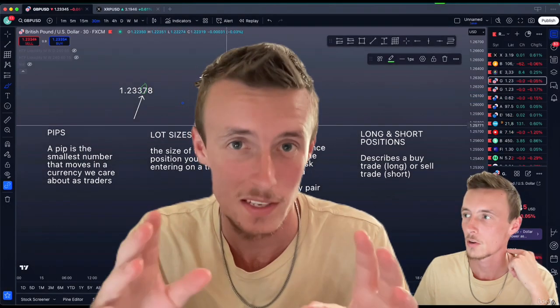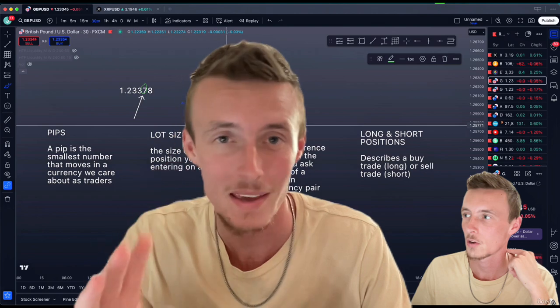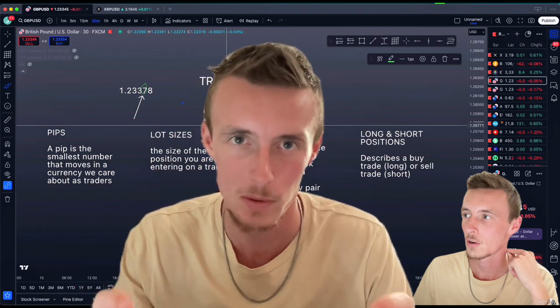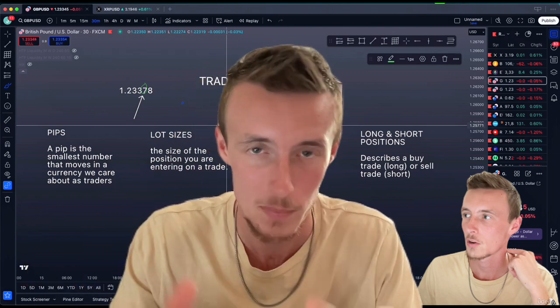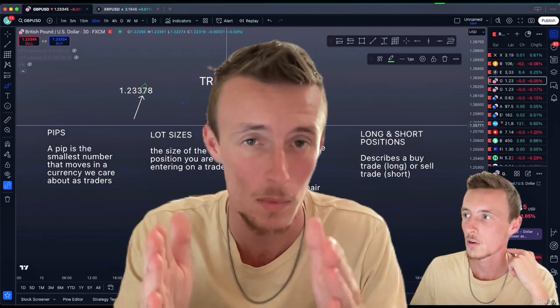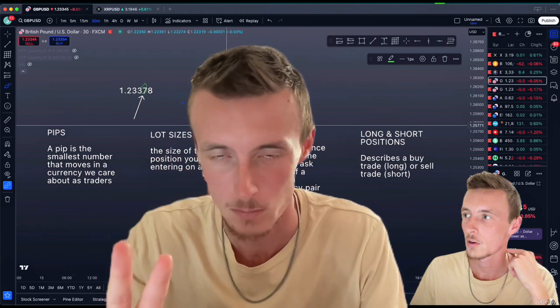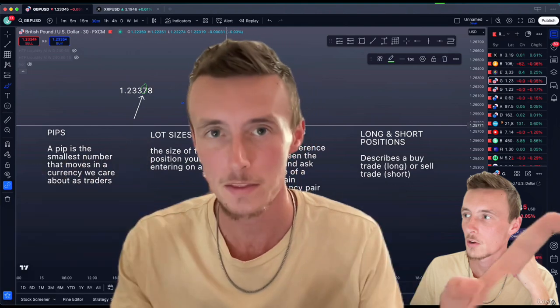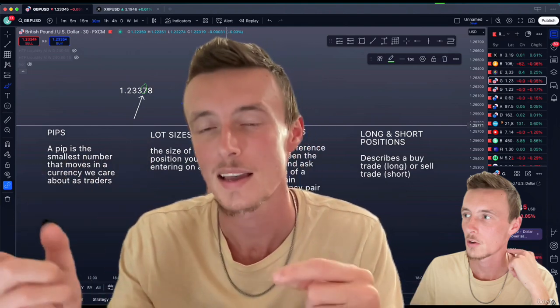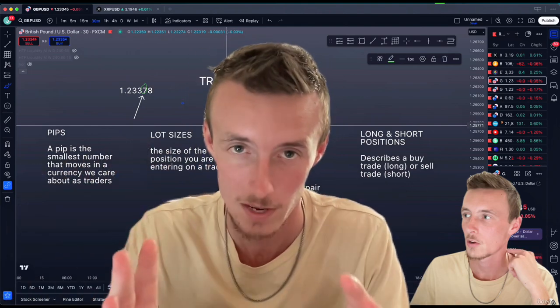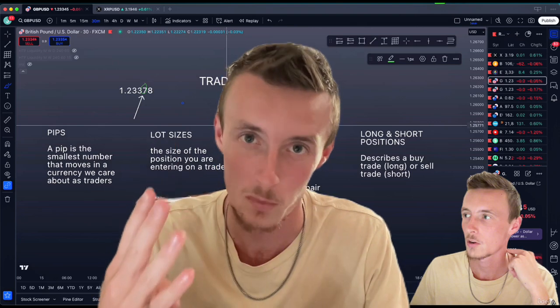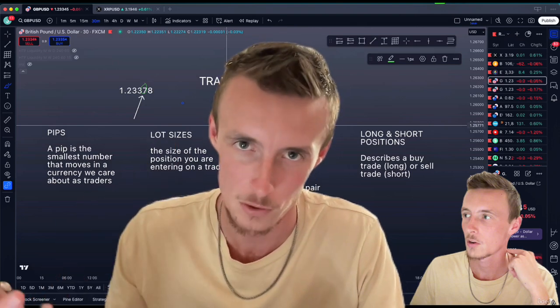The decimal point is the 4th when it's any pair except ones that end in JPY. You'll notice that a JPY pair has a much smaller number when it says the price point over on the right. So that is the 2nd decimal point. So anything but JPY. JPY pairs have the 2nd decimal point, and then any other pair is the 4th decimal point. Just a little note, I realized I forgot to say that.